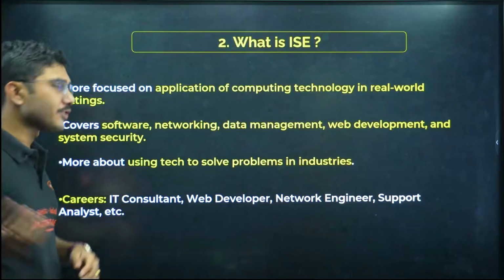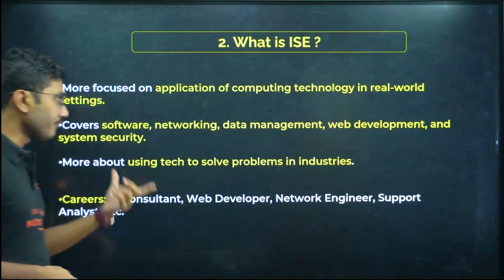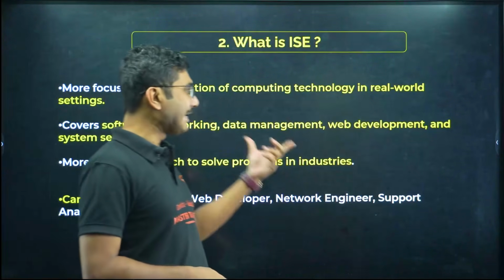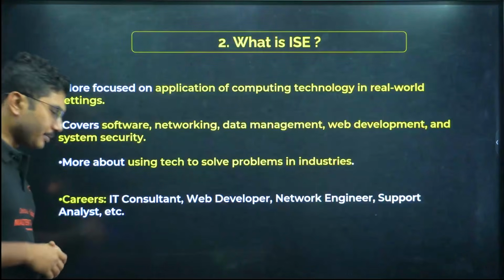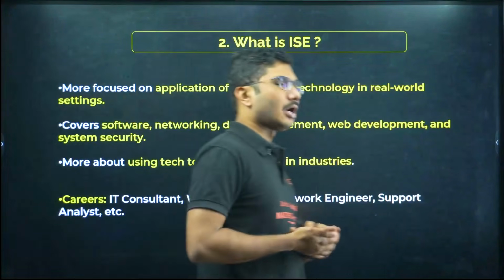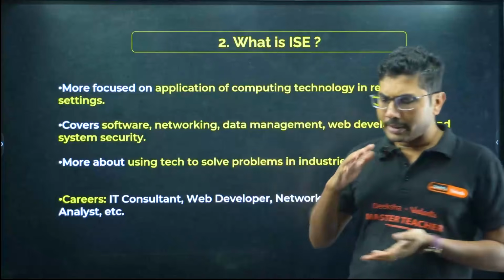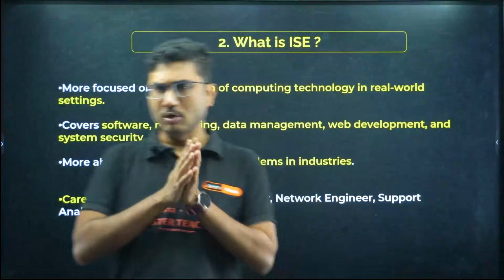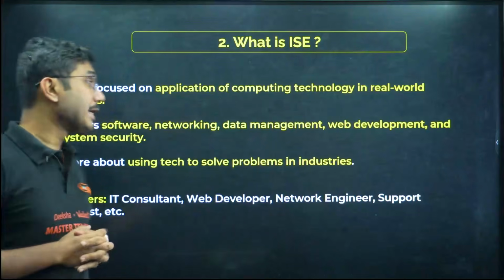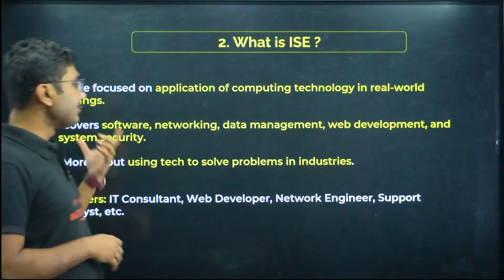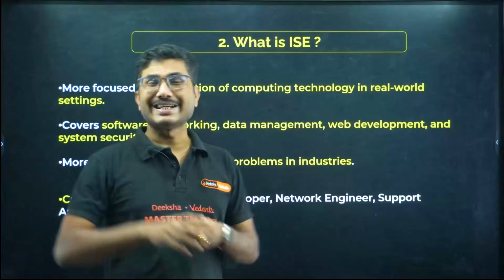It is an application based system, covering software, networking, data management, web development and system security. The common courses should be almost the same, but it is more focused on the application part, more about using tech to solve problems in industries.